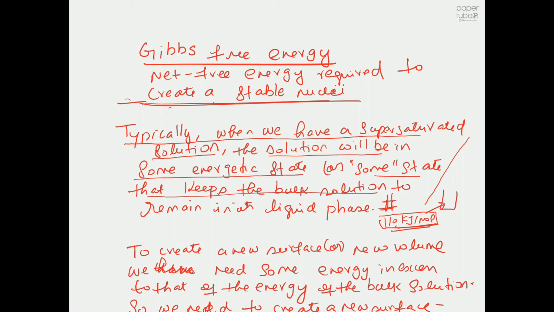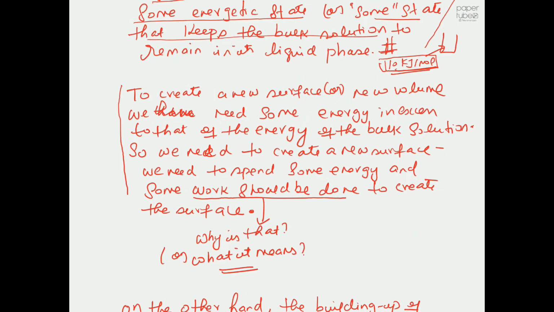So now here comes the tricky part, which is related to nucleation. If you want to create a new surface or a new volume, to be precise, a stable volume that has a boundary, then we need some energy in excess to that of the energy of the bulk solution. So say like 10 kilojoules, we need some energy in excess to this number.